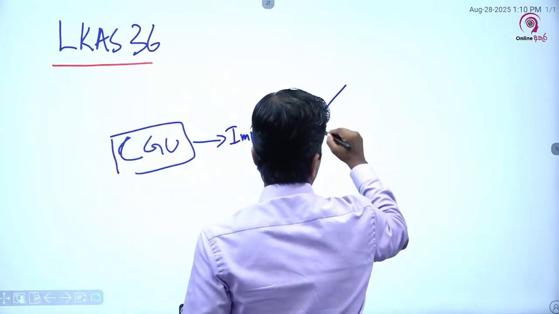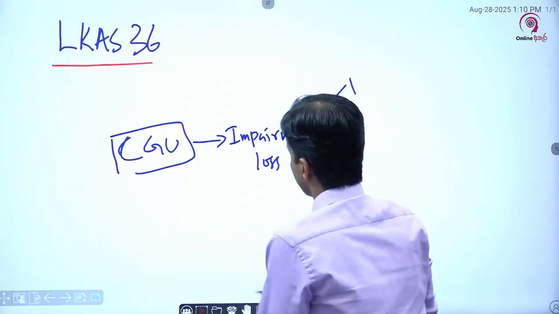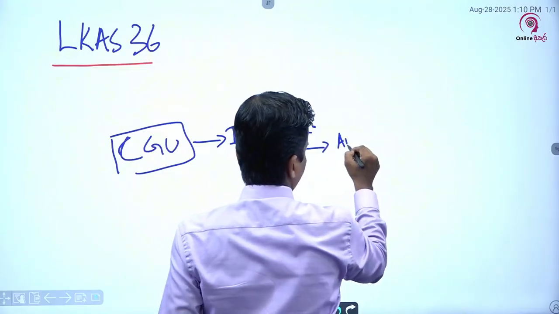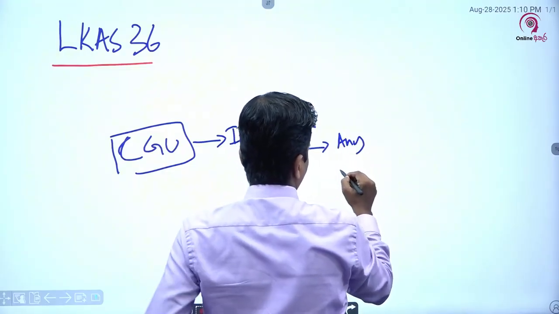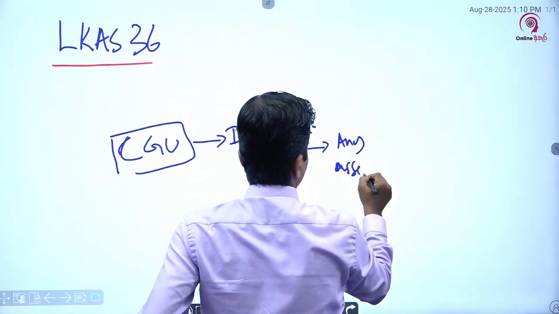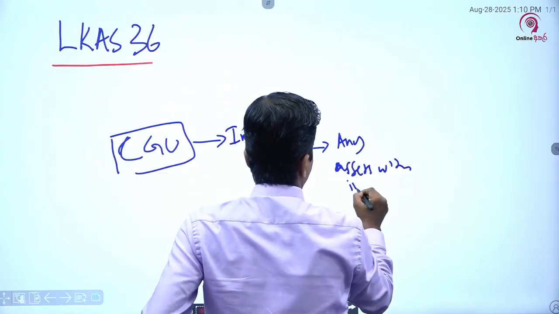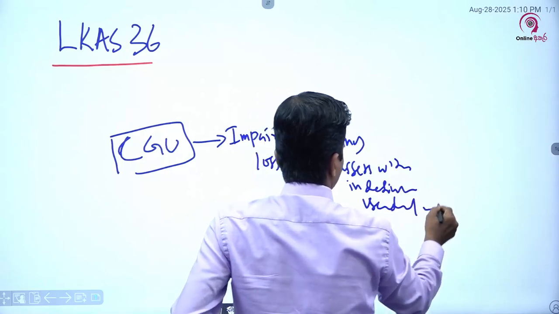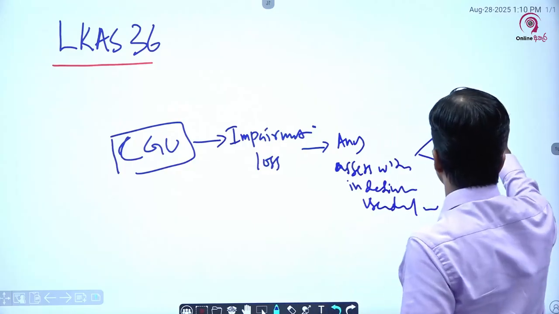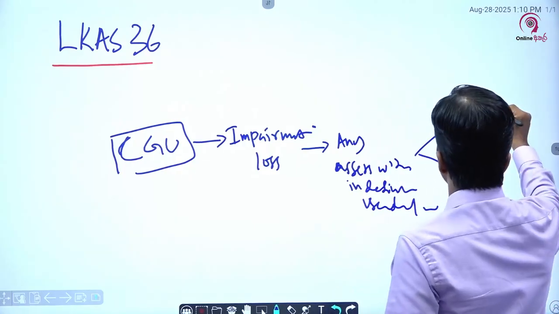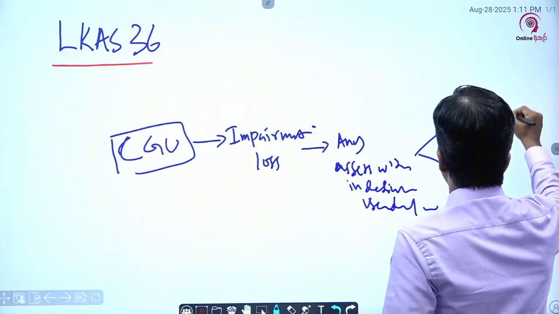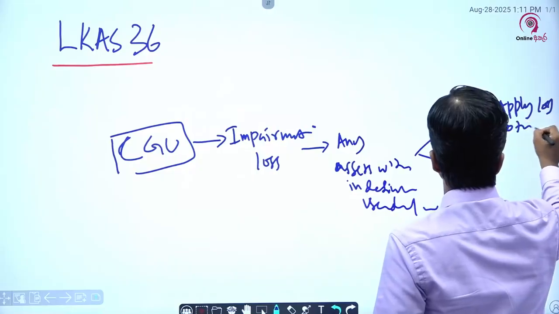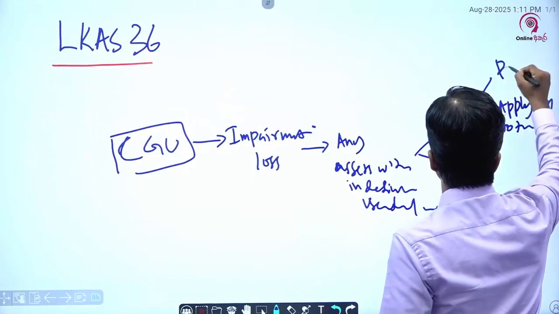Ask the first question: any assets with indefinite useful life? The answer would be yes or no, right? If yes, first apply the loss to this one. And if any remaining, proportionately.